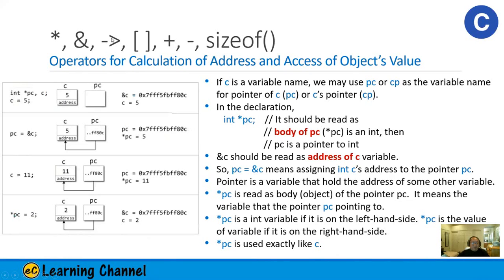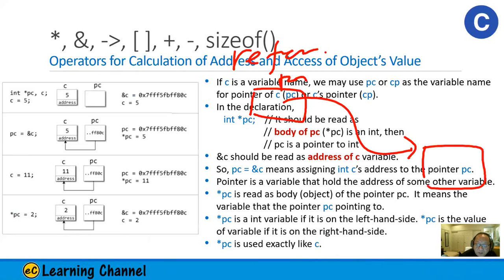How about this one? Dash greater than. It's like for functions, but it's for, this one's official name is dereference. Usually you reference something, right? This one is dereference. So I have a pointer, but actually I dereference it to a certain object, and then there is a data field, like integer x or something.